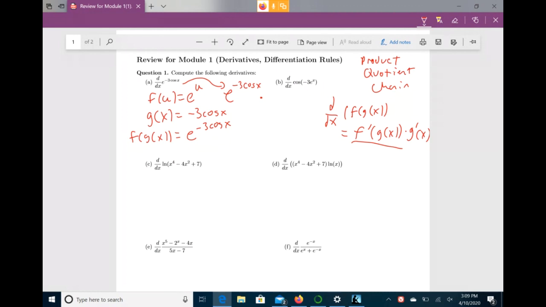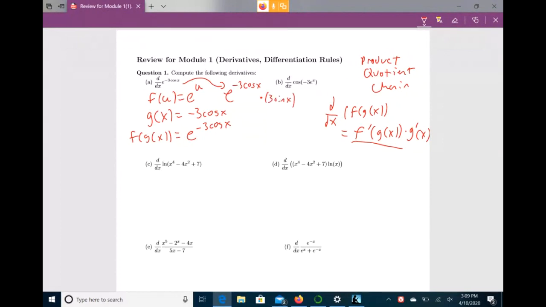The negative cancels out with the negative in front of the 3, and you just leave the 3 out front. Okay, good. So we've computed one derivative.